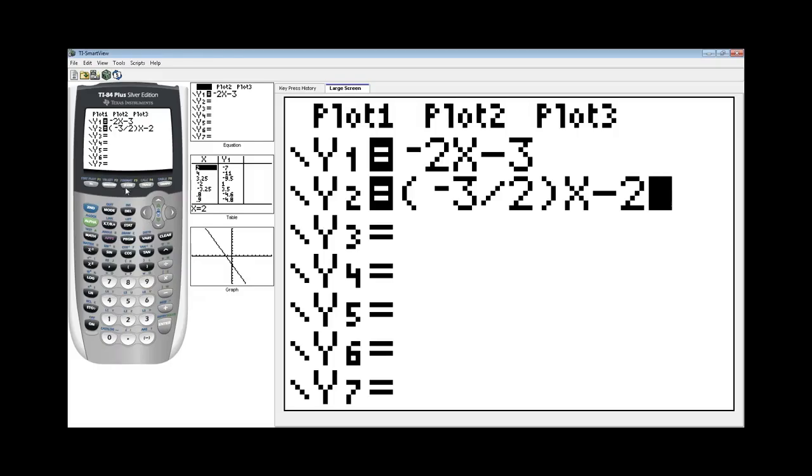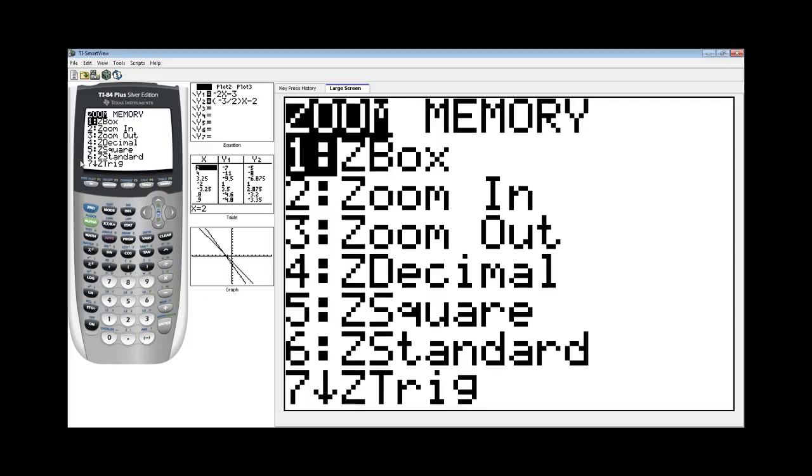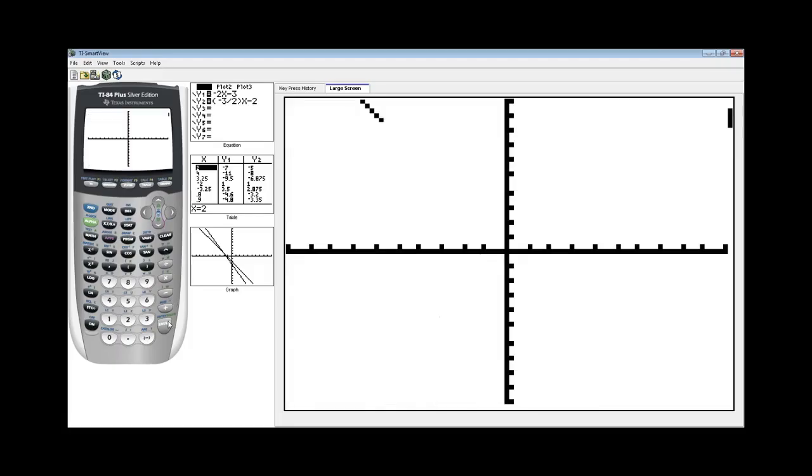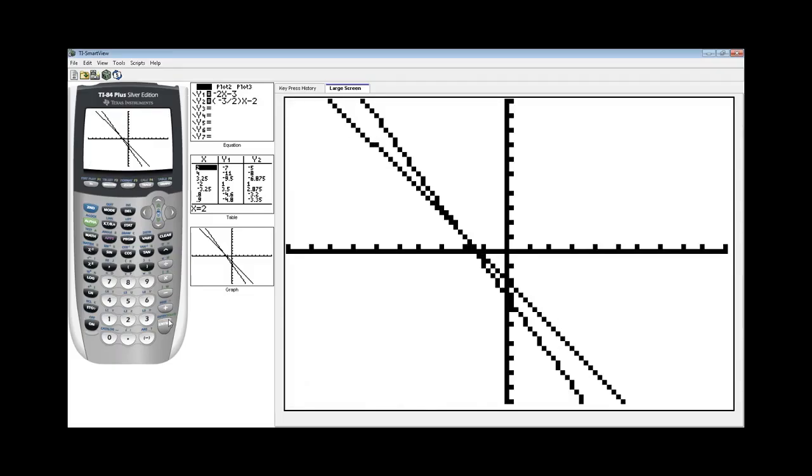If you've done something else on the calculator and your window is moved around, a good quick way to make your window have a standard kind of frame is to press zoom and then choose standard, so you can go down to number 6, press 6 and then press enter, and that'll give you a quick way to focus your graph on the basic -10 to 10 x and y axes. So it's intersecting, but that's kind of hard to see. But the great thing about the calculator, it will find the intersection for you.